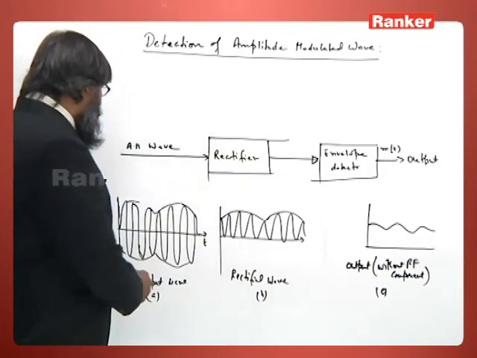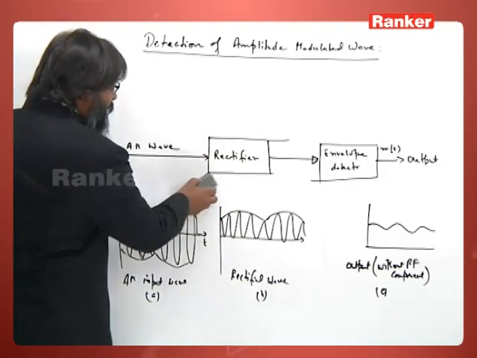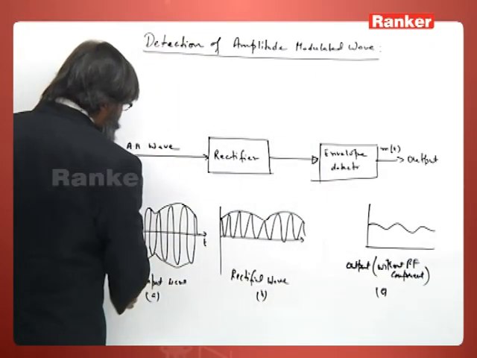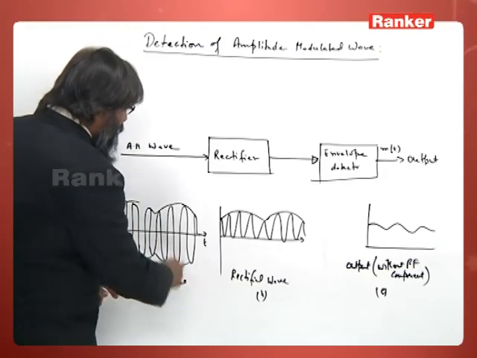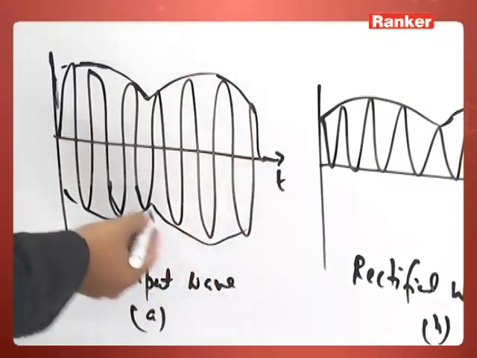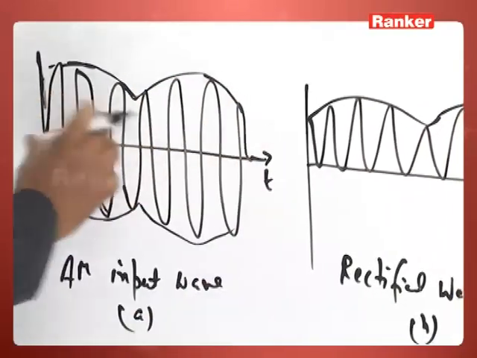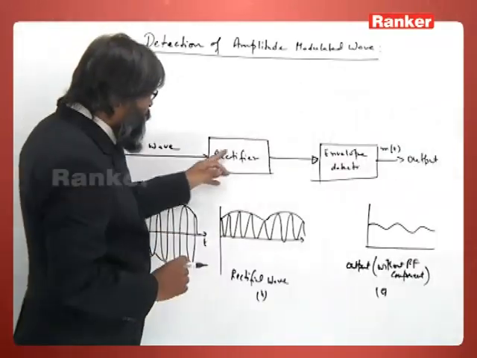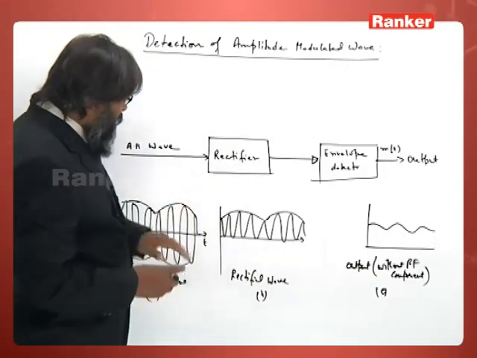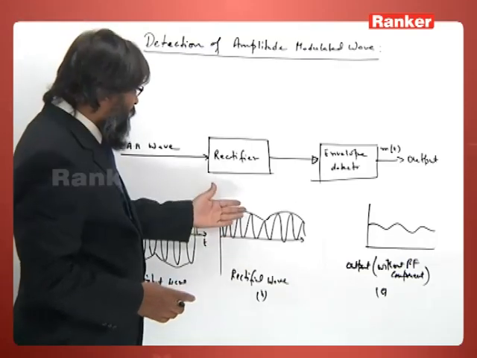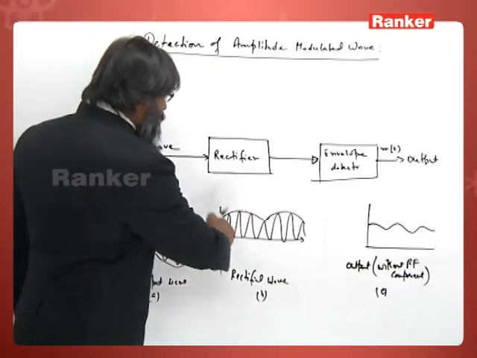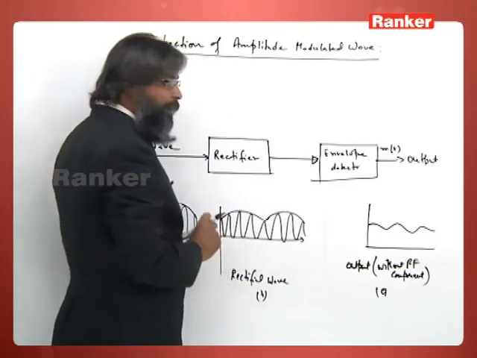This is the input, the amplitude modulated wave. Here you see the amplitude is varying like this, and this is the frequency of the carrier wave. Now this is passed through a rectifier. A rectifier is a device which converts AC into DC. That means it removes this part and just rectifies and keeps this part.